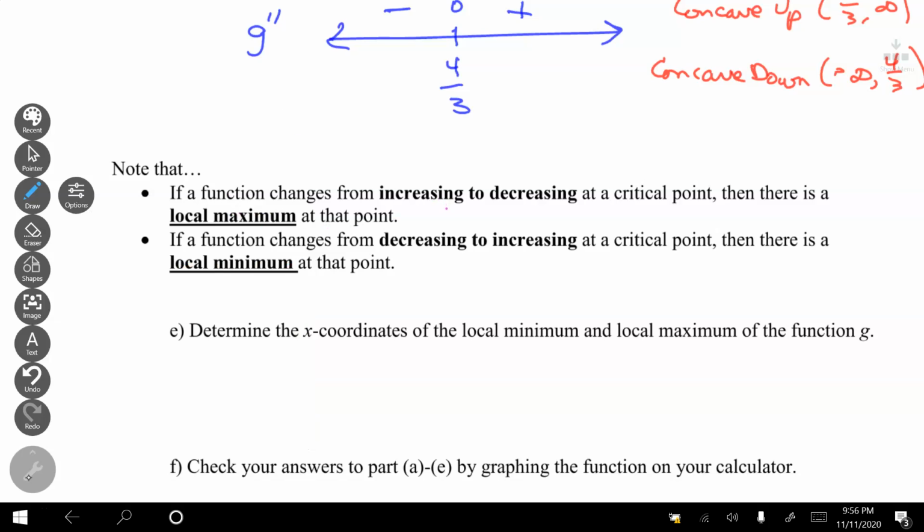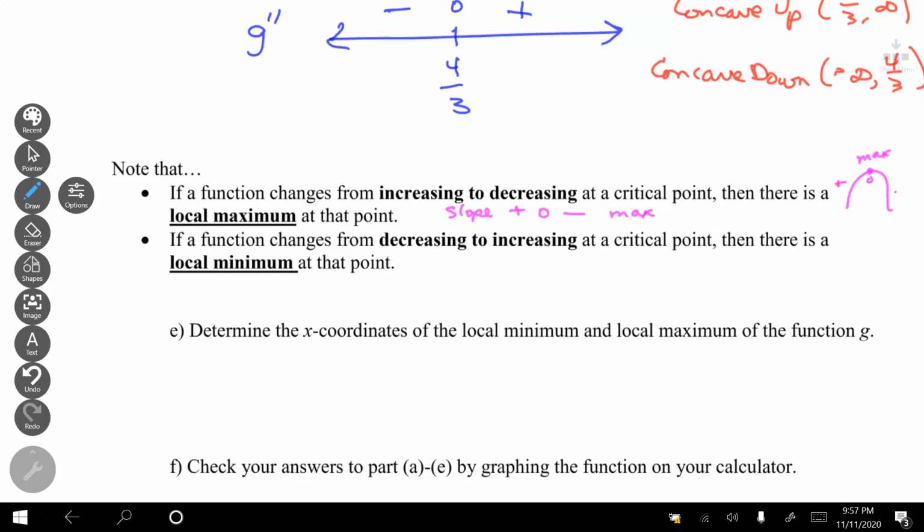If I have a slope that goes positive to 0 to negative, that means it's increasing to decreasing, and that's going to give me a maximum. So right here is a max.